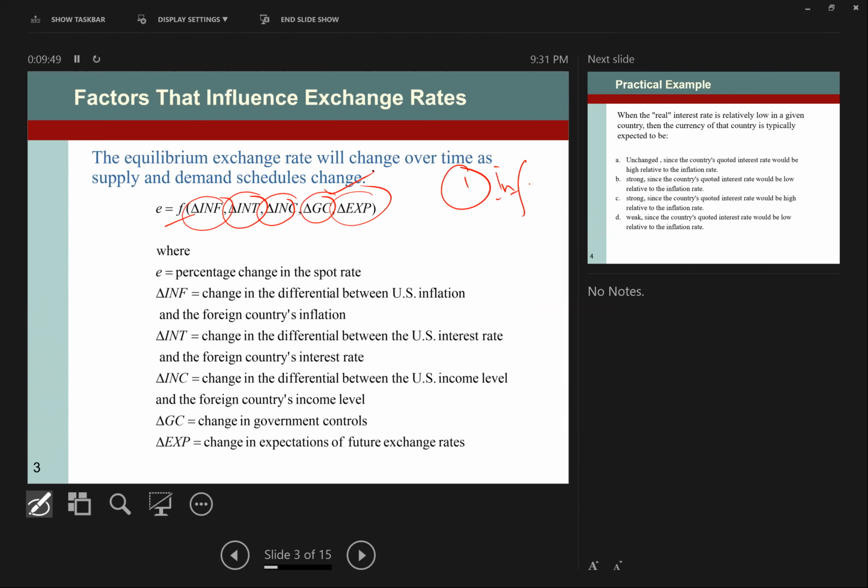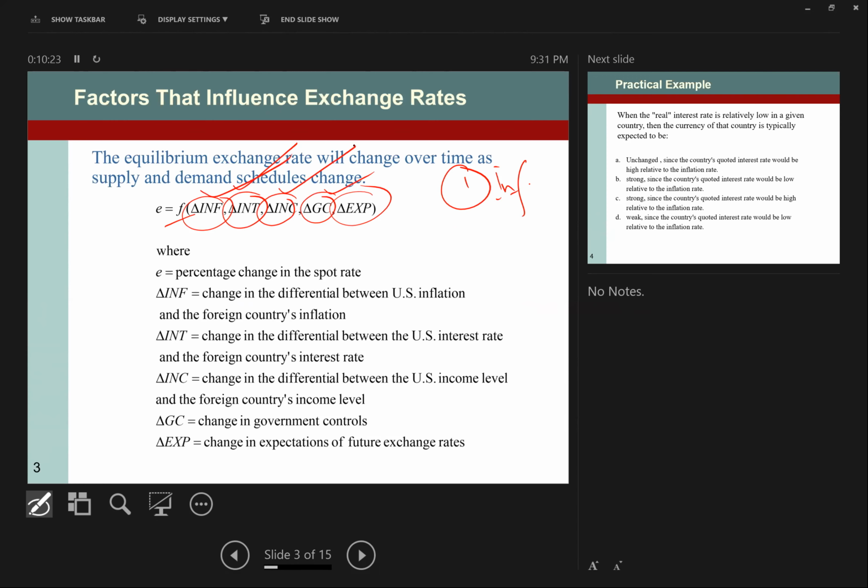So we have to look accordingly at whether it will increase or decrease demand. If the government pumps money supply into the country, it increases inflation, and our currency has depreciated.